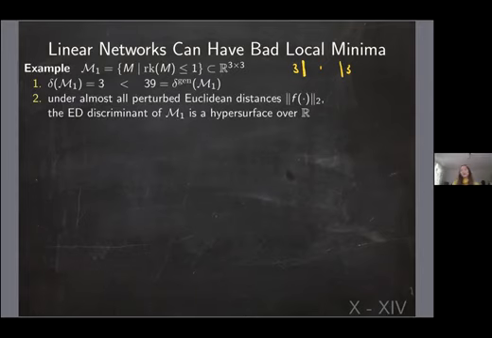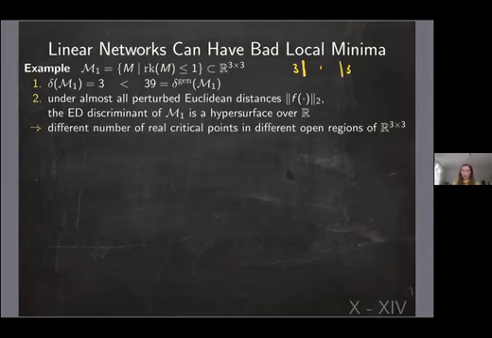Also, this ED discriminant now becomes a hypersurface over the real numbers. It's like in the circle case, where I started from a picture like this, and when I do the ellipse, I end up with a picture like this, which means you have different numbers of real critical points in different regions of your ambient space.